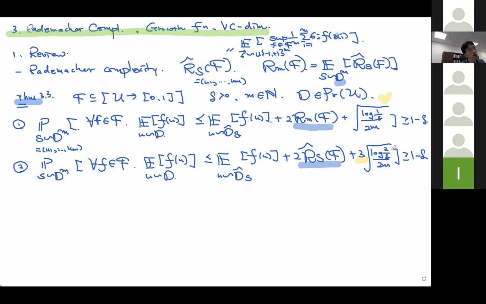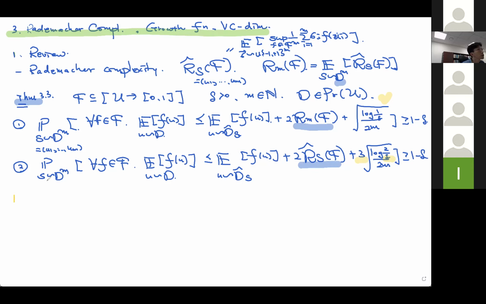Second, instead of 1 over delta, we have 2 over delta, which means we are really using the one above with delta over 2 instead of delta. We are using the concentration bound twice with delta over 2, as you can see in the proof that I'm going to show you now.